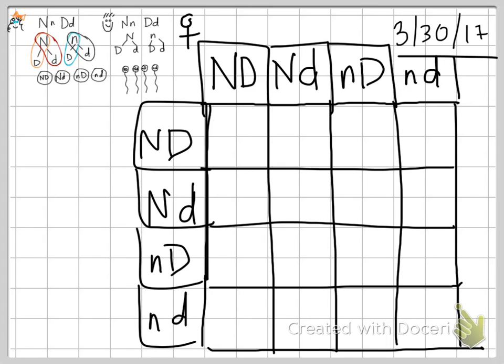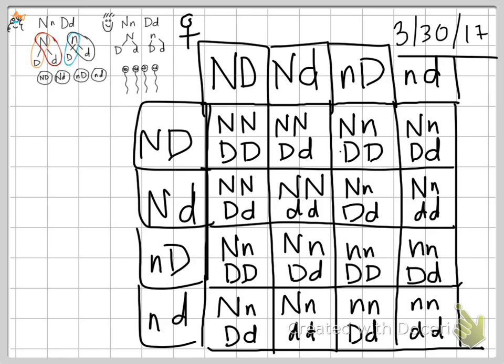So now I'm going to cross these, but I'm going to keep the alleles for a particular trait together, because we're showing the genotypes that are possible in the offspring. So this one would be big N, big N, big D, big D. It is homozygous dominant for both traits. And you're going to continue to fill them in just like that. Whew, that's a lot of possible combinations.